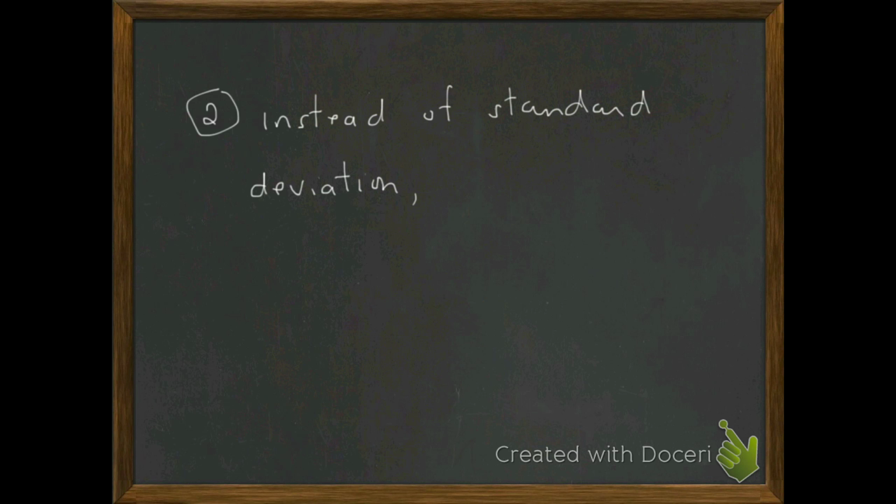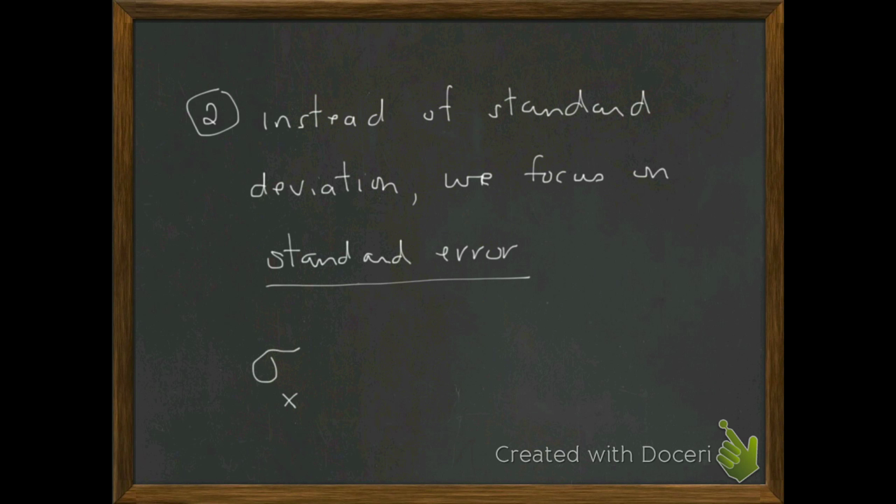And the second thing it tells us is, instead of standard deviation, we focus on standard error. So guys, for this situation here, our standard error is going to be found by taking sigma divided by the square root of n.